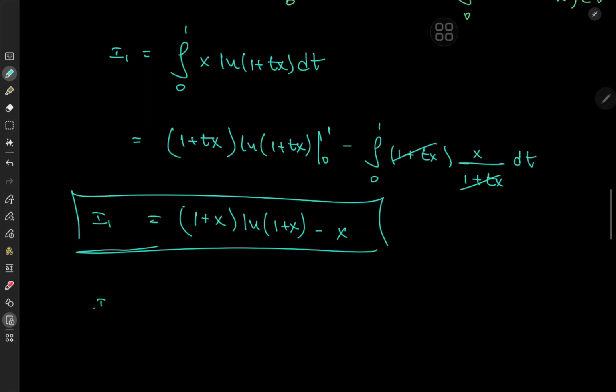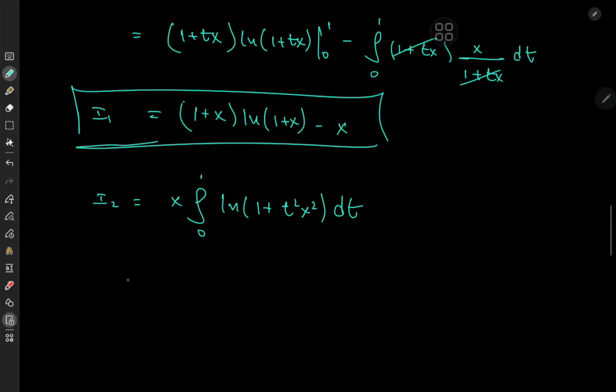Now I sub 2 is x times the integral from 0 to 1 of log of 1 plus t squared x squared dt. Again, integration by parts with nothing fancy here. On integrating 1, we get a t. So we have t times log of 1 plus t squared x squared, with the limits being 0 and 1, which are very convenient.